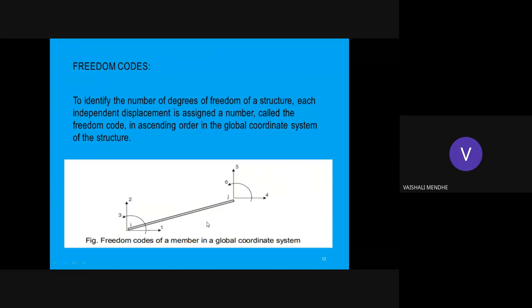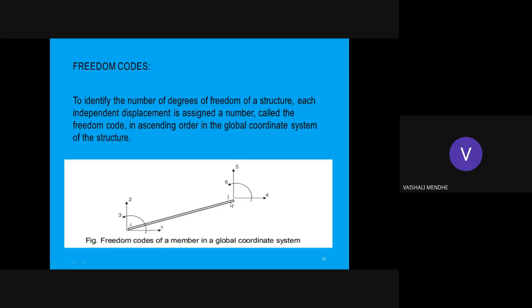But in the case of the plane truss, there are only two types of displacement. I told you earlier, at the joint there are only two types of displacement, that is delta x and delta y. So if there is a plane truss member, then there will be along x 1, along y 2, with no rotation displacement, and at j, along x 3 and along y 4.